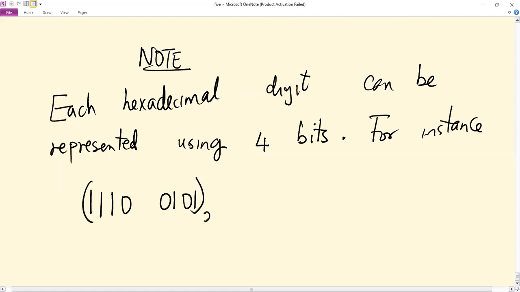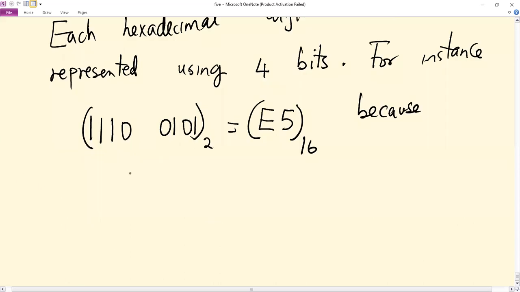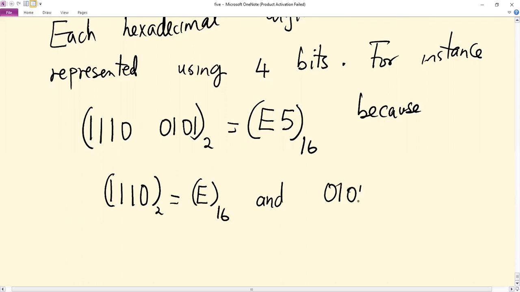This number to base 2 is the same as E5 to base 16, because 1, 1, 1, 0 to base 2 is the same as E to base 16, and 0, 1, 0, 1 to base 2 is the same as 5 to base 16.